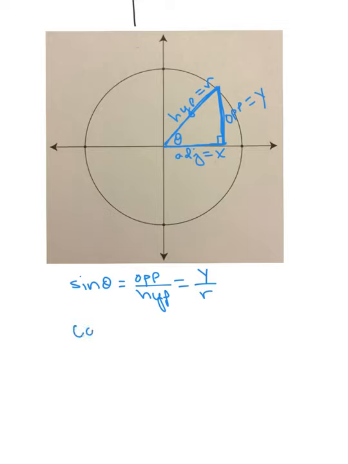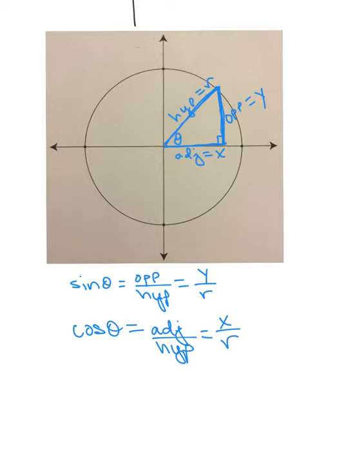Think about what we said for cosine of theta. We said cosine is adjacent over hypotenuse. Well, the adjacent is the x value and the hypotenuse is the r value. These same things would happen no matter which quadrant you drew this triangle in. The x would be the adjacent, the y would be the opposite, and the hypotenuse would be the r.